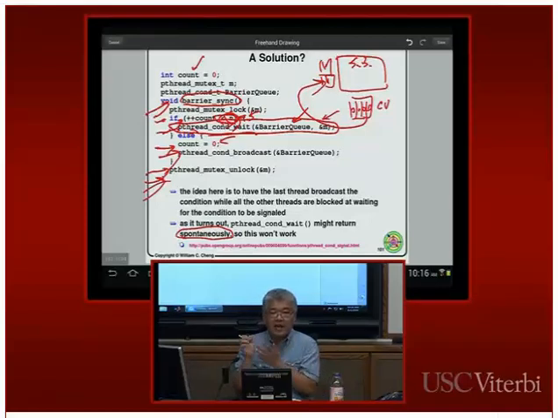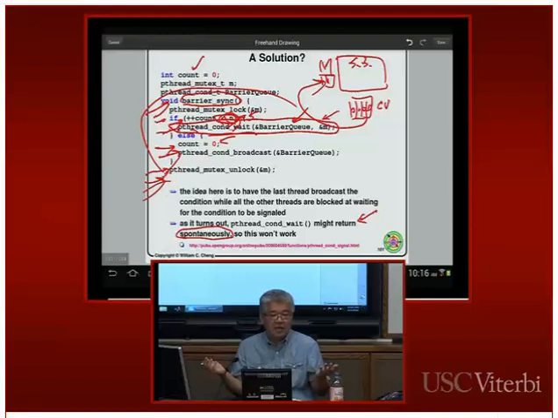You have to say, while not guard, pthread condition wait. You should never use it all by itself. In this code there's no while loop, so this is the wrong way to use it. You have to accept that pthread condition wait can return spontaneously.